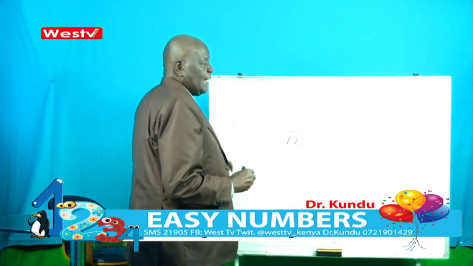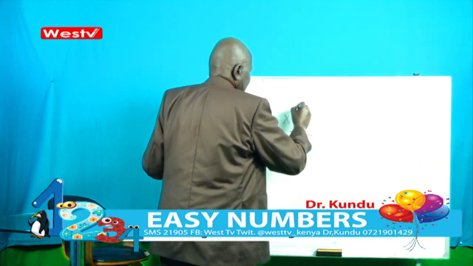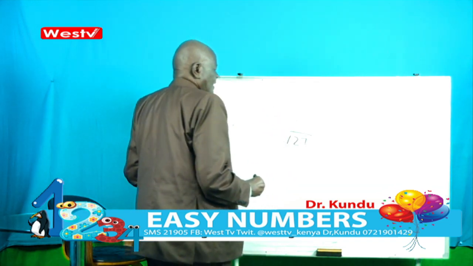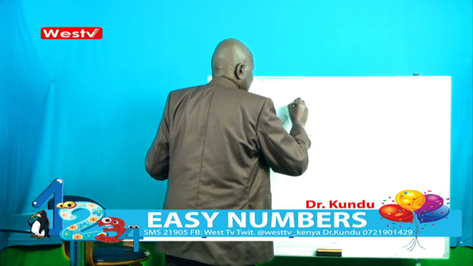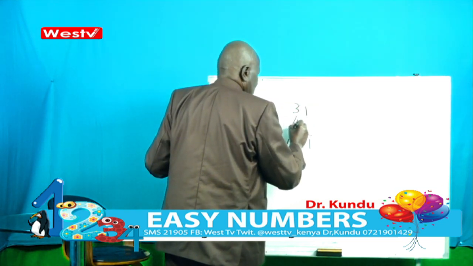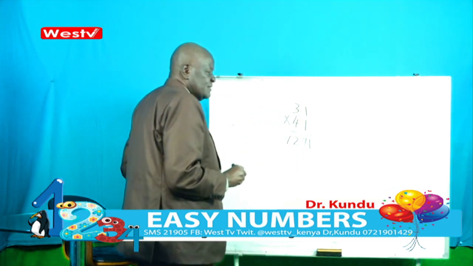Step 2, add the tens digits. 3 plus 4 is 7. And step 3, drop 1. So 31 multiplied by 41, the answer is 1271.